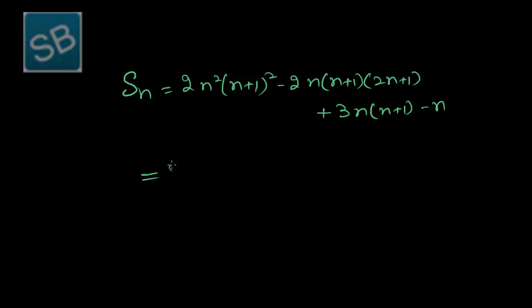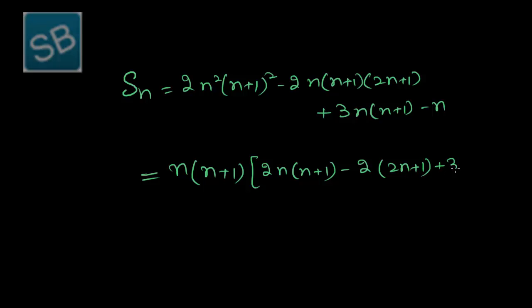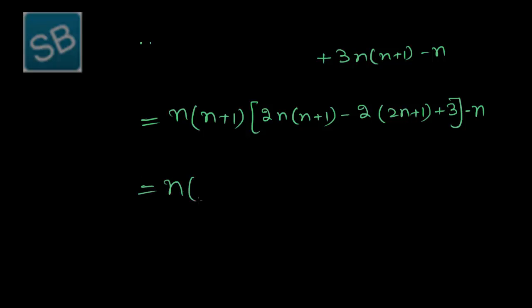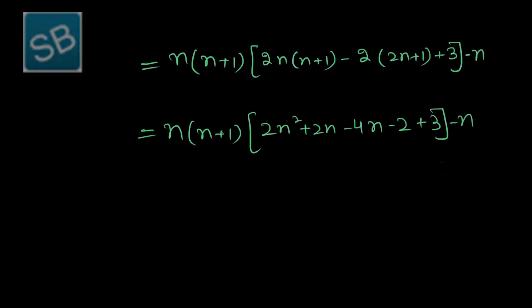We take n into n plus 1 as common from the first 3 terms and we get 2 into n plus 1 from the first term, minus 2 into 2n plus 1, plus 3 outside, minus n. So we get n into n plus 1 and we multiply the terms in the bracket, that is 2n square plus 2n minus 4n minus 2 plus 3 minus n.